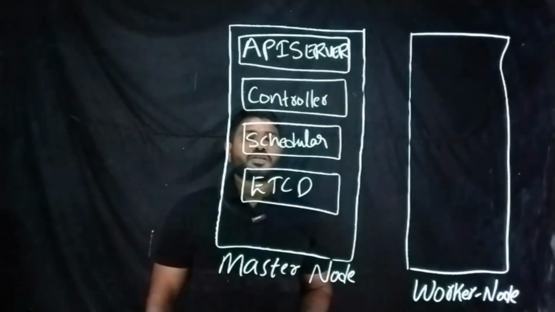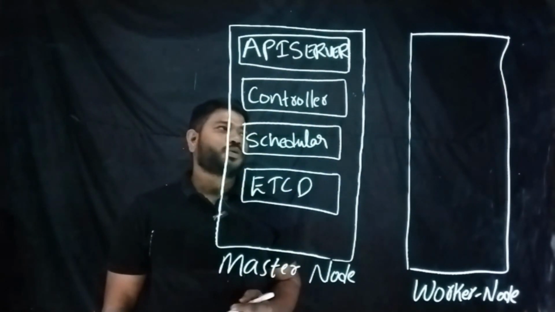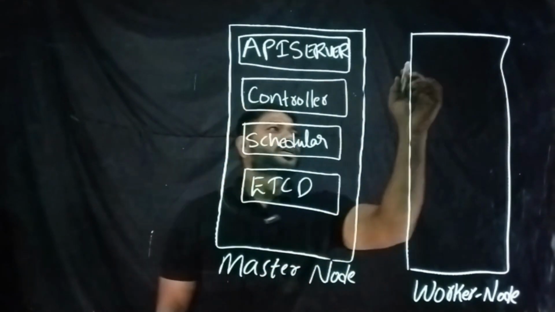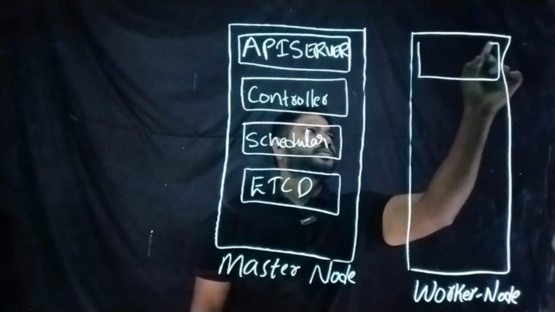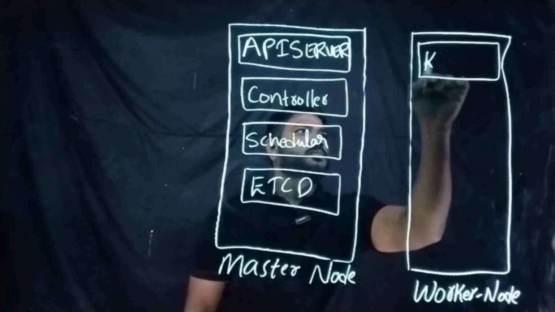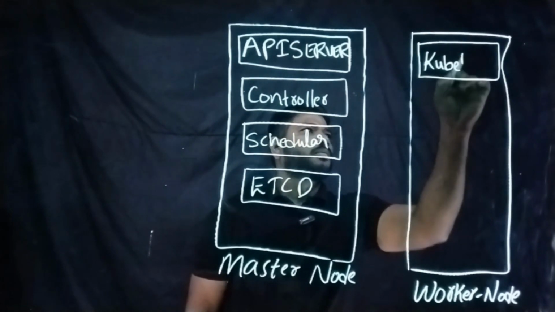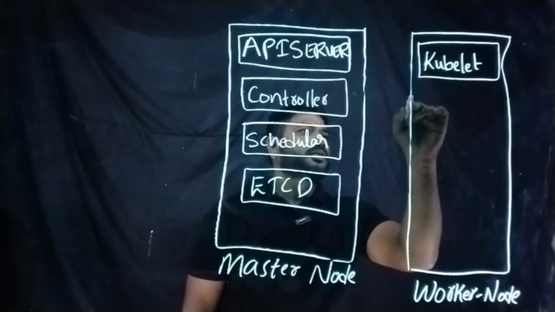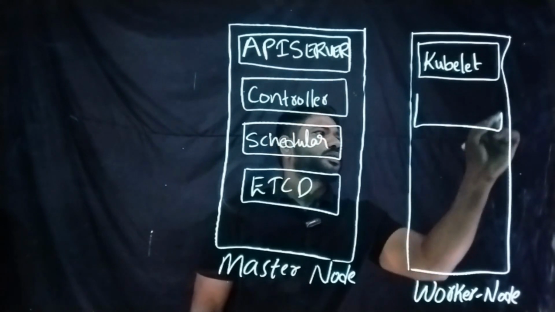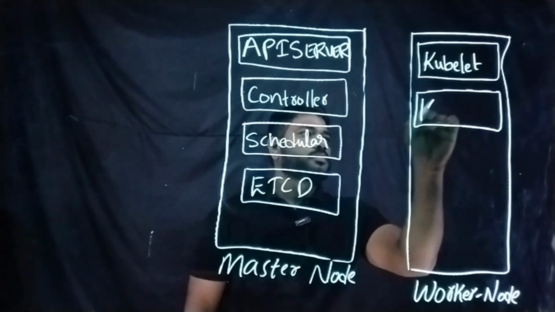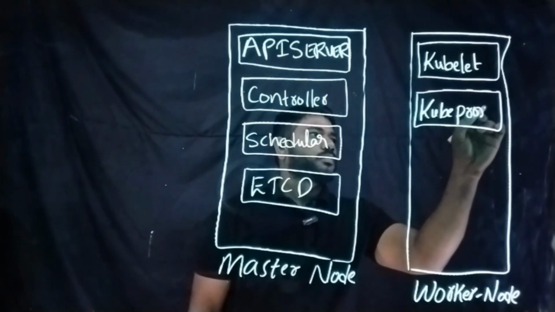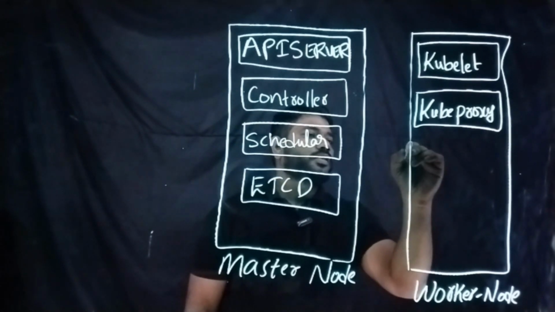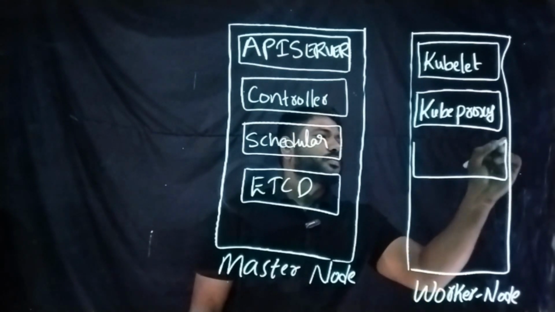And let's go to the components that are present in a worker node. The worker node has a set of components. The first one is kubelet, and the second one is kube-proxy, and the third one is the container runtime.